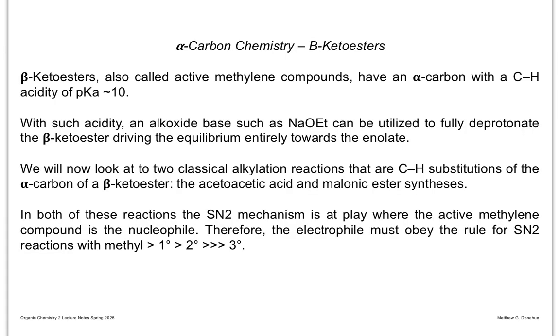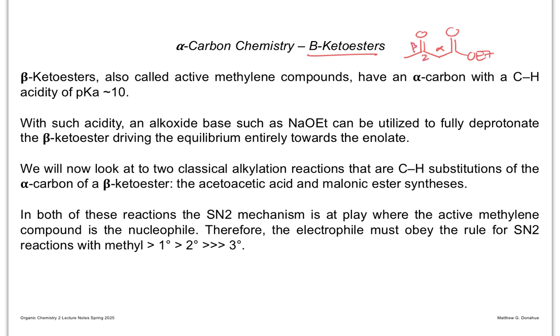So we had ended last time on the Claisen reaction, which produces a beta keto ester. So for example, that's the product from the self-condensation of ethyl acetate. We have our alpha and beta carbons.